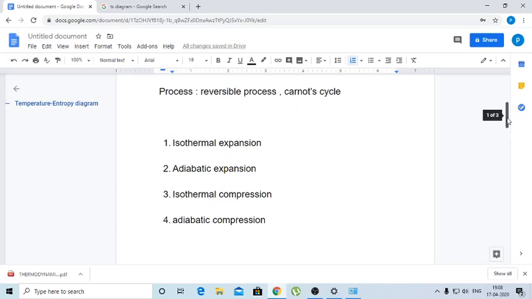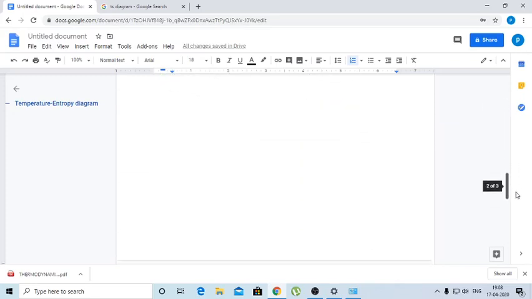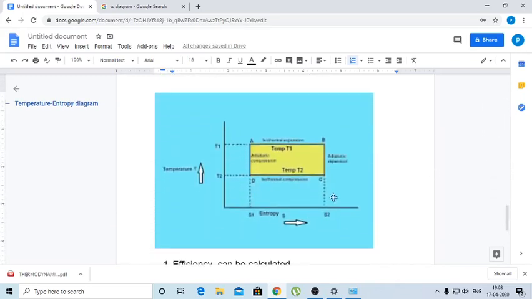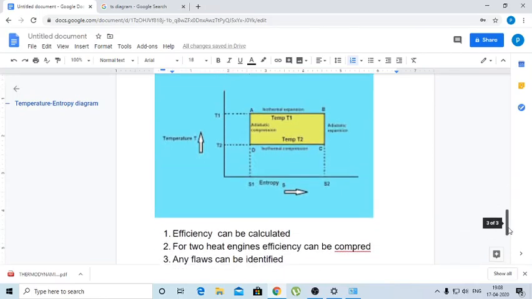In the isothermal process, entropy is increasing from S1 to S2 here, and in the adiabatic process change in entropy is 0. So this is the change in entropy of the Carnot cycle. So this is the temperature versus entropy diagram of the Carnot cycle.